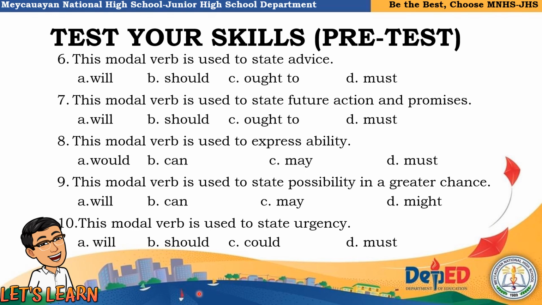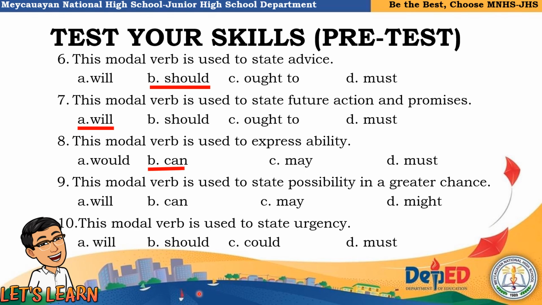I hope that you got the correct answer. Let us check. Number 6, B, should. Should is used to state advice. 7, A, will. Will is used to state future action and promises. Remember that. Number 8, it is can.